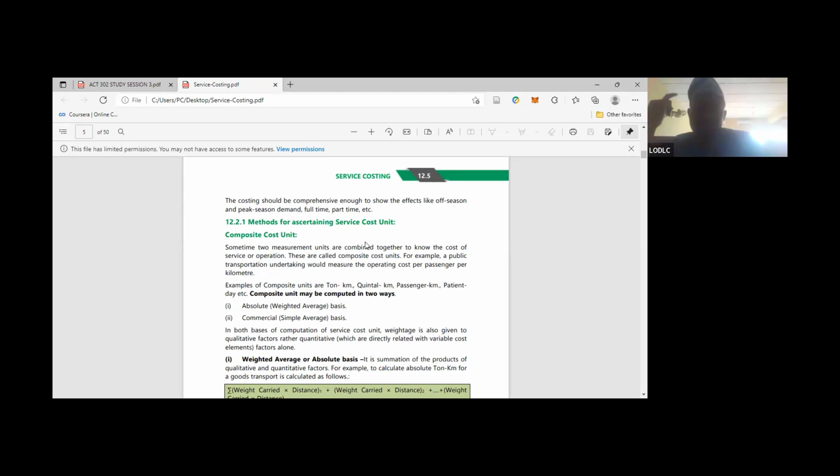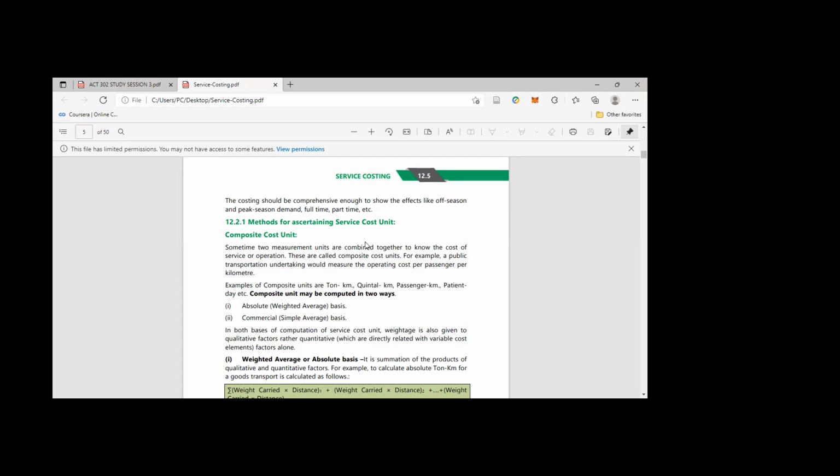So that's a perfect example of a composite cost unit: 2 measurement units are combined together. Another example is ton and kilometer. Another example, in goods carriage, is quintal and kilometer. Another example is patient and day.